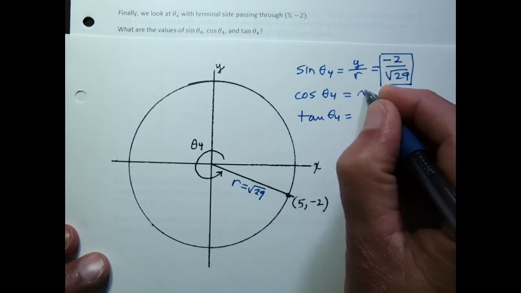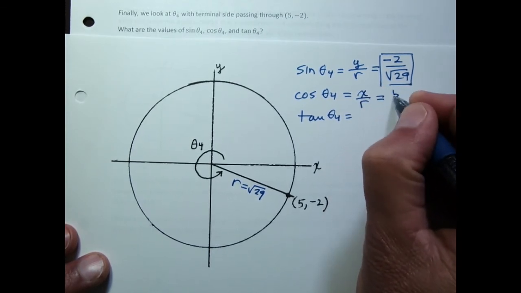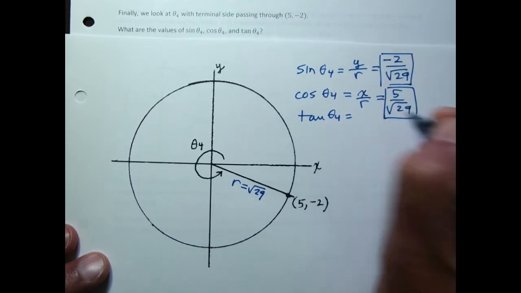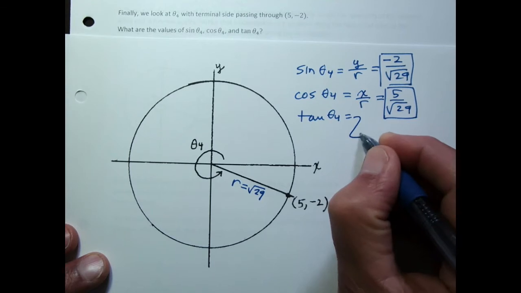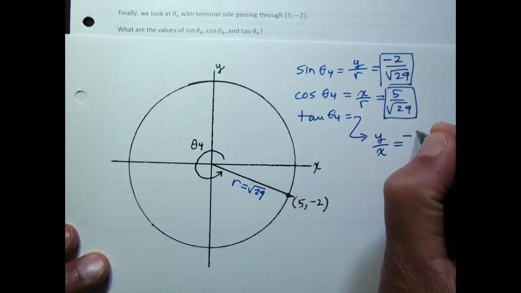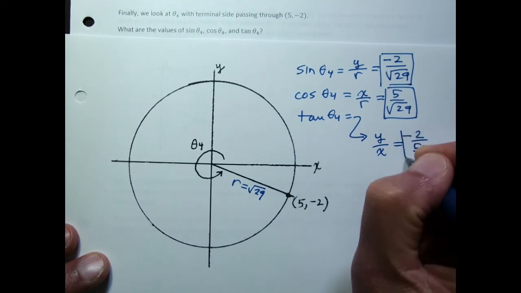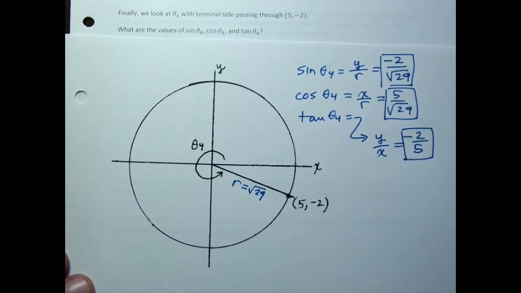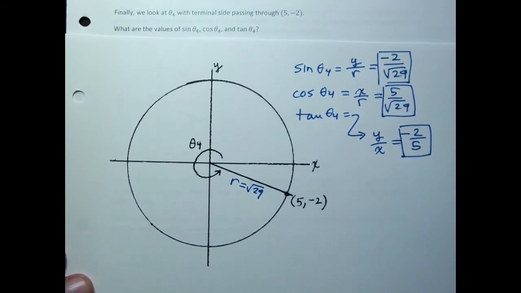Cosine of theta 4, x over r, is 5 over the square root of 29. So cosine is positive. Tangent of theta 4 is y over x. That's going to be negative 2 over 5, and that ends up being negative. So here the sine and tangent are both negative. Cosine is positive. We're in quadrant 4.